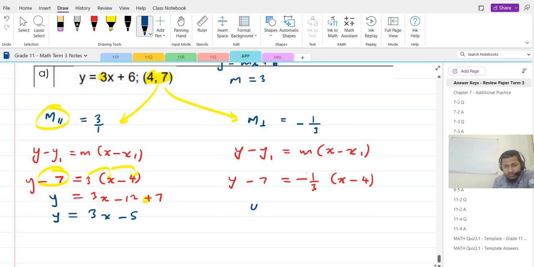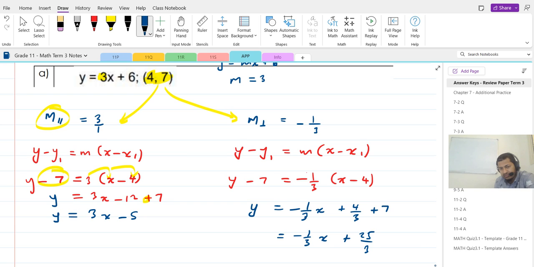Next equation, negative 1/3 x, this is negative 1 over 3 plus 4 over 3, and take the 7 across, so plus 7. So you're getting negative 1/3 x. Don't say 7 over 1, say that's 21 over 3. So plus 25 over 3. Use the calculator, add them up, get plus 25 over 3.